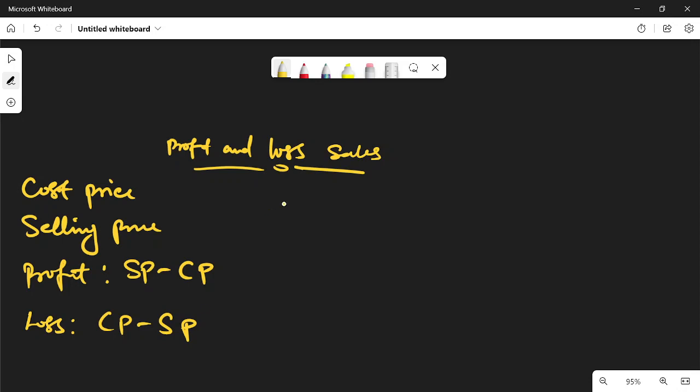Now what about the profit and loss percentage? If you want to know the profit percent, how many percent of gain do you have? That will be the selling price minus the cost price divided by the cost price multiplied by 100%.